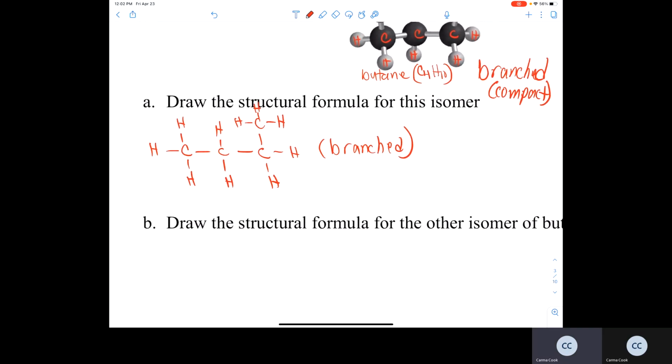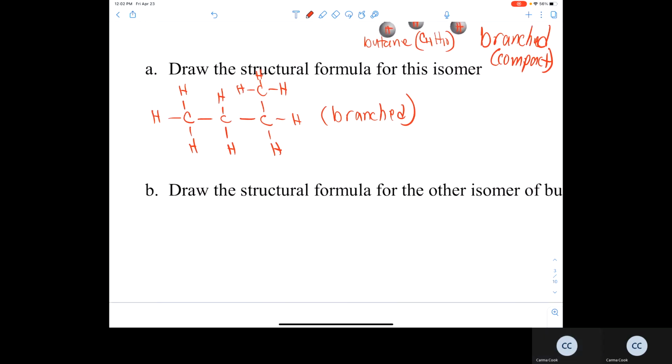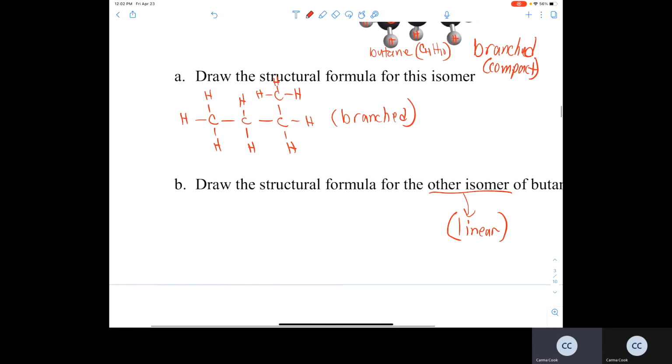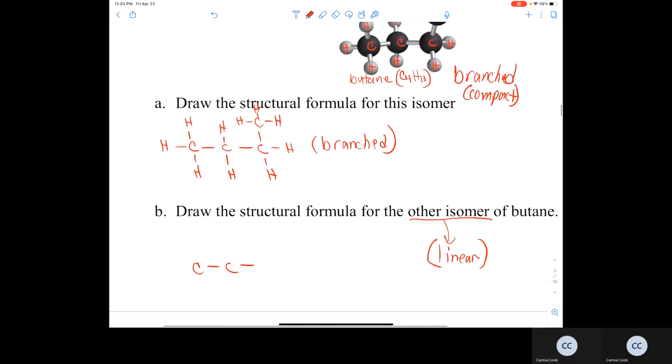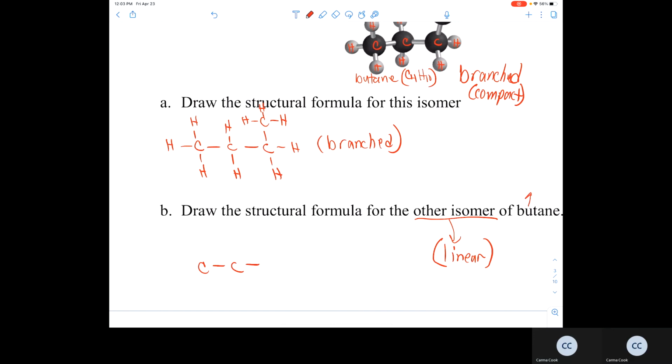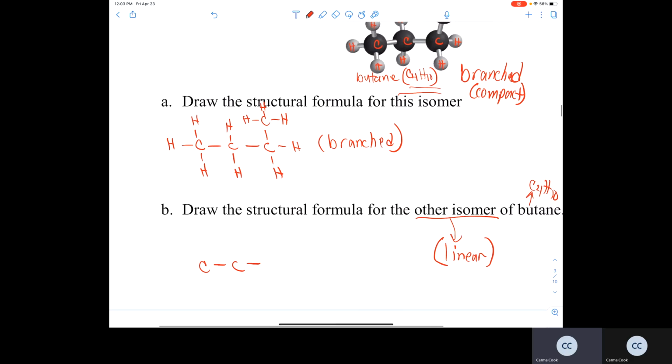The other isomer is going to be the linear version of butane. It's not going to be branched. So it's going to have the same formula, C4H10, just like the branched isomer is C4H10.